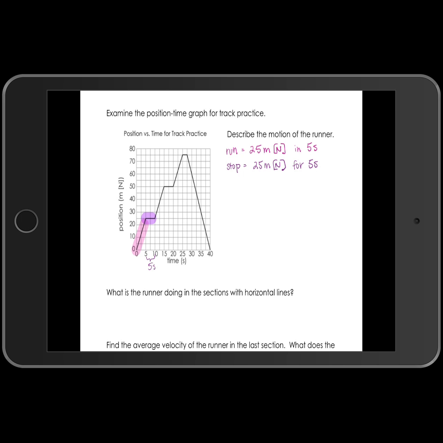Then we have our next stretch. They're going to run from 25 meters north to 50 meters north. We started at time 10 and end at time 15, so in another 5 seconds.